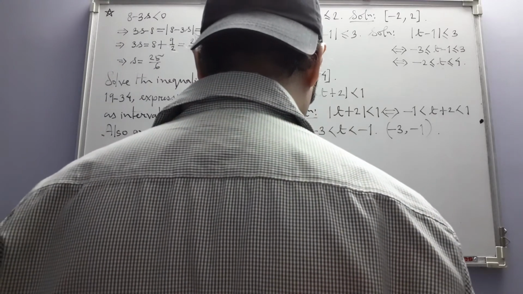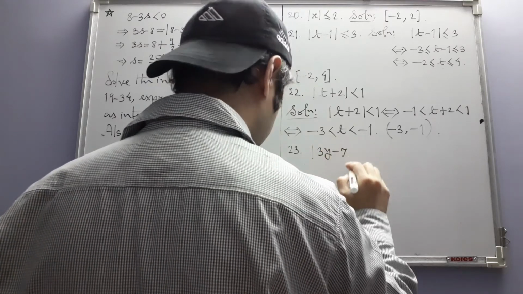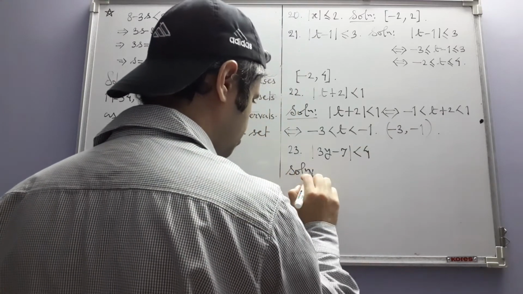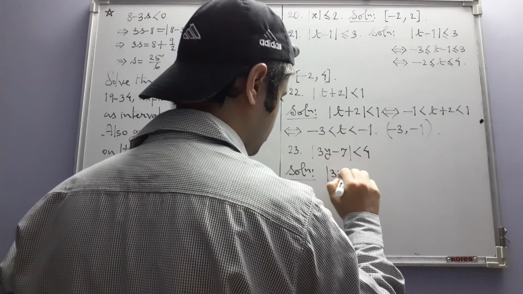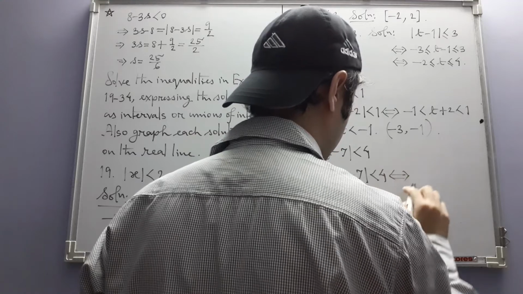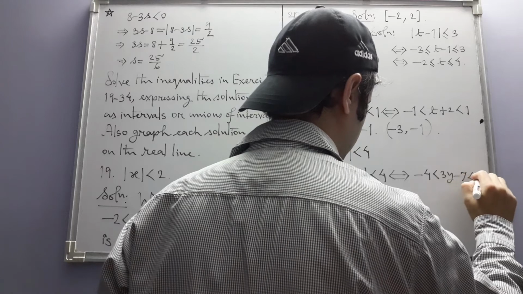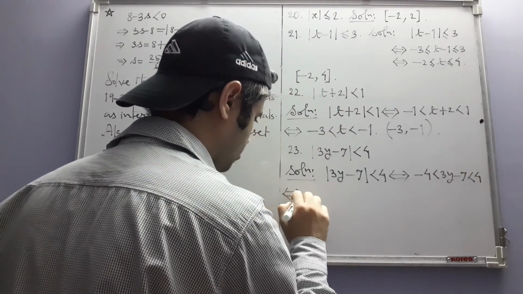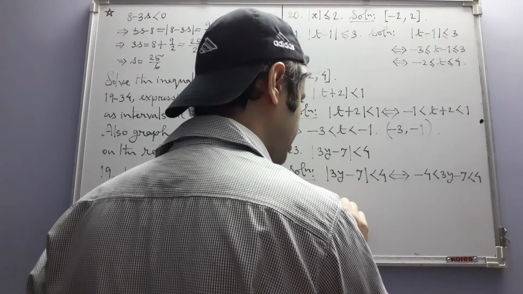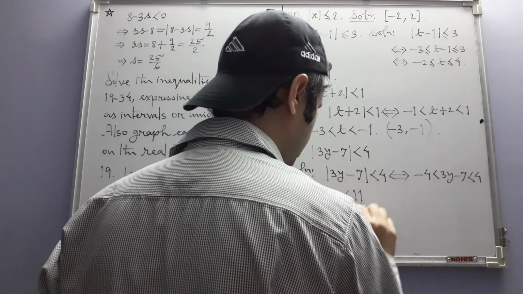23. 3y minus 7, its absolute value is less than 4. Adding 7 to all the terms, we get 3 less than 3y less than 11.